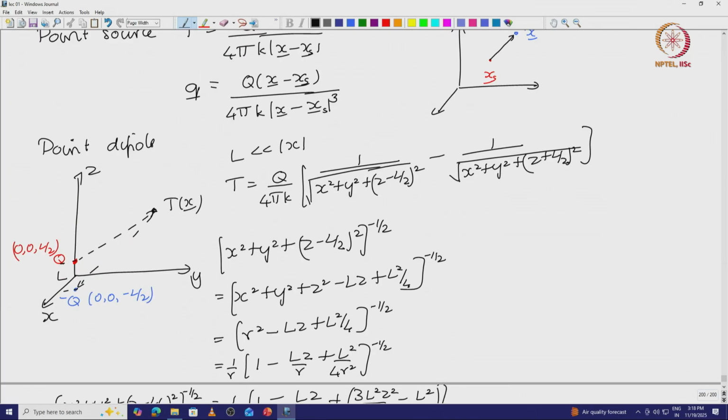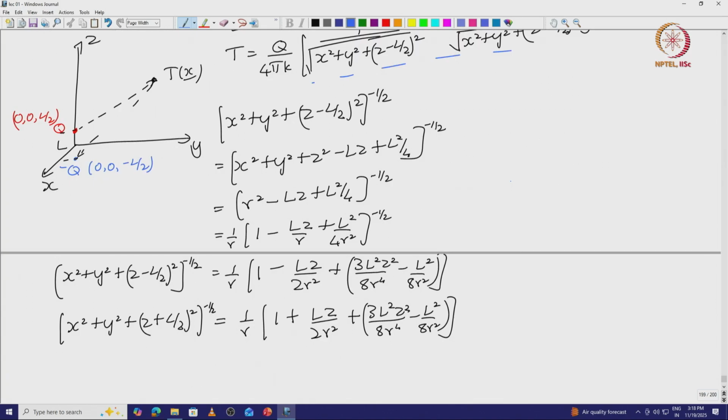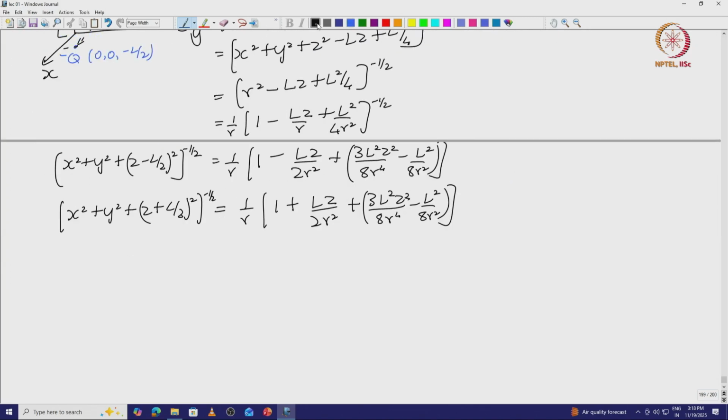And now this expression contains the difference between these two, which means that the temperature field is just equal to q by 4 pi k into the difference between these two. I think I made a mistake here. This one should be plus, and this one should be minus, because when I take the minus half power, I will get a plus 1 by 2.